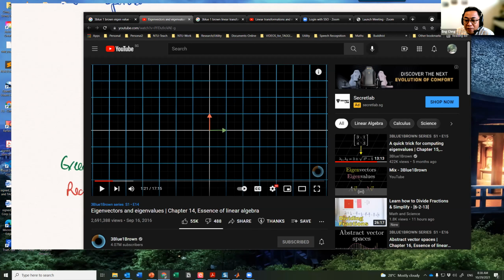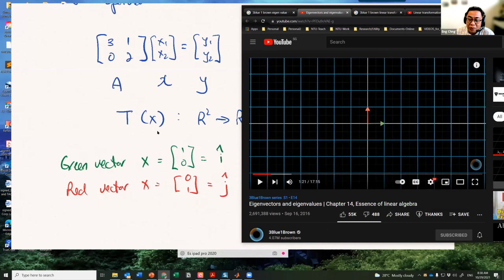Now, when we act on this green point, we'll move the green point somewhere else. When we act on this red point, we'll move the red point somewhere else. What do I mean by acting on it? That means we substitute this green point as x and we'll get a different y. We substitute this red point in as x and we'll get a different y. That's what we mean.